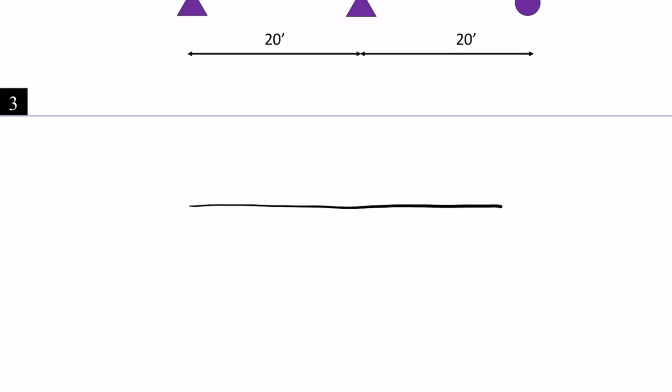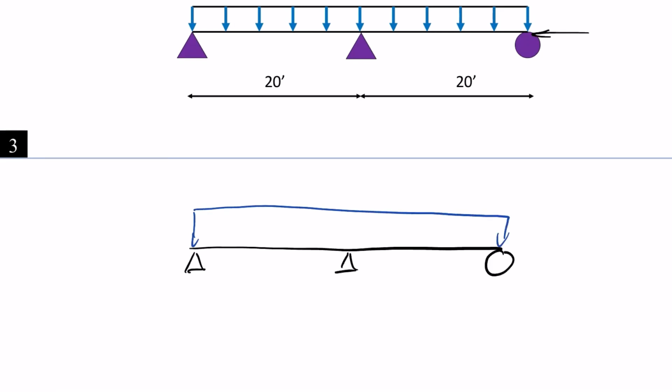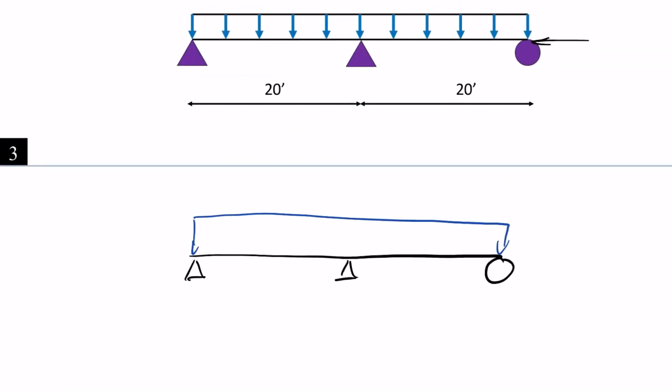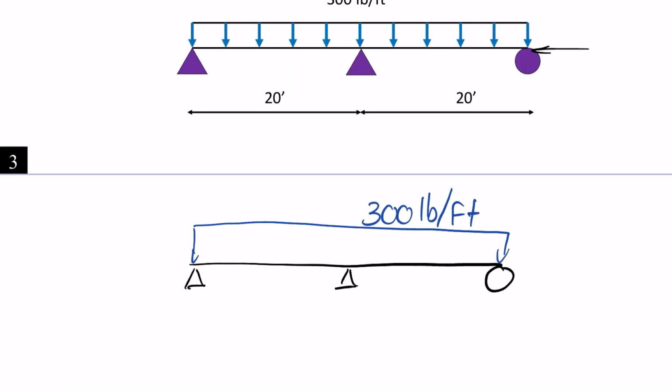So I can draw the load diagram first. Now I know the load here is 300 pound per foot, and from here to here is 20 feet.